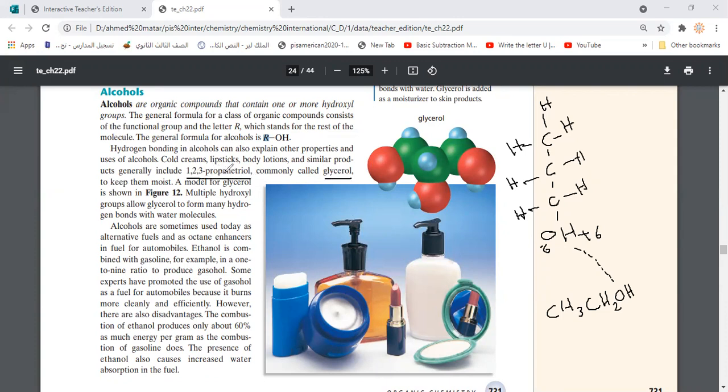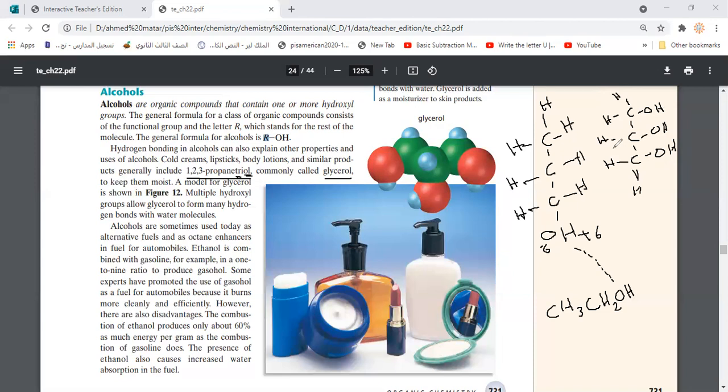Propan because it has three carbons, tri because it has three hydroxyl groups on carbon one, two and three, and ol because it's an alcohol. So its formula is three carbons carrying three OH groups, one on each carbon, and the rest hydrogen as usual. That is glycerol, used in a lot of cosmetic applications.